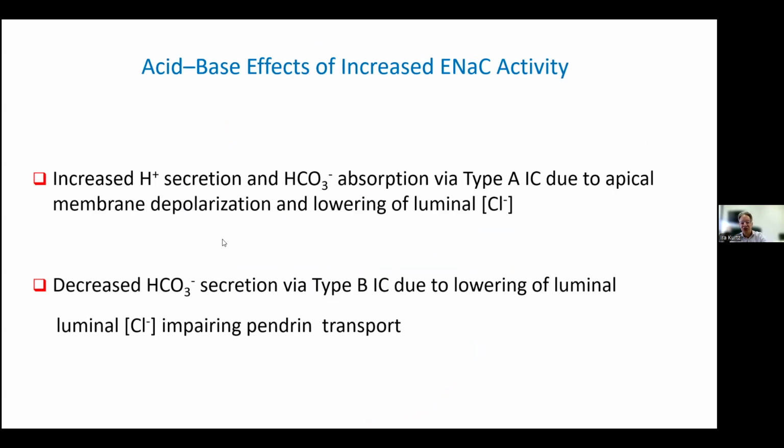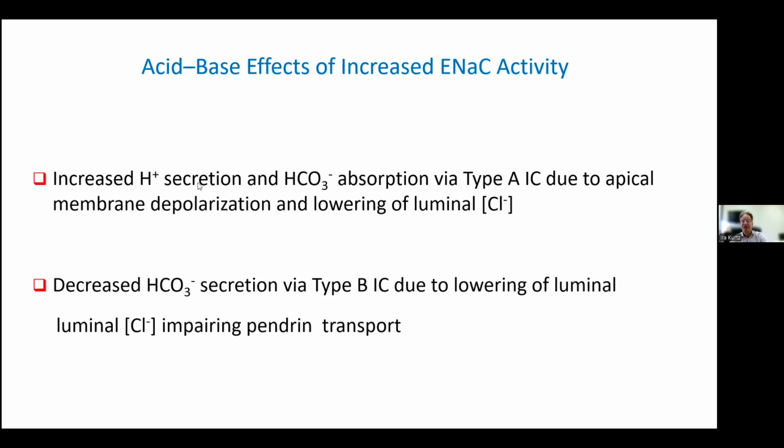So the two main acid-base effects in Liddle syndrome that cause the metabolic alkalosis and prevent it from being corrected, part of the so-called maintenance phase, the generation and maintenance, are all cortical collecting duct.